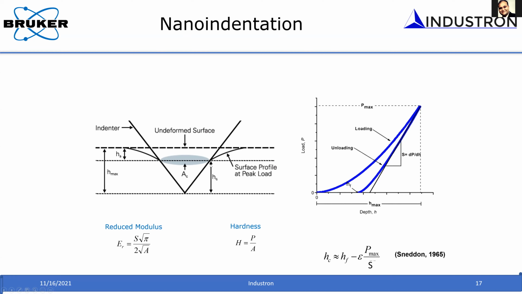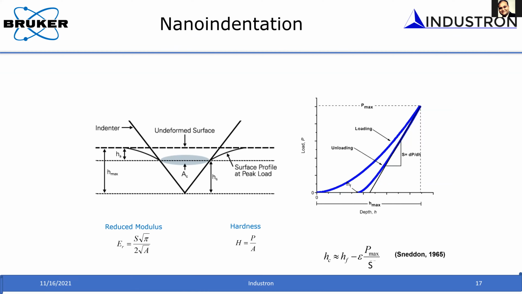And if you know this contact depth, you can calculate the contact size, because it's basically geometry. And if you don't know the contact size, the contact area, you can do a simple calibration with a material of known property. For example, we generally use a fused quartz sample, for which we know the modulus.